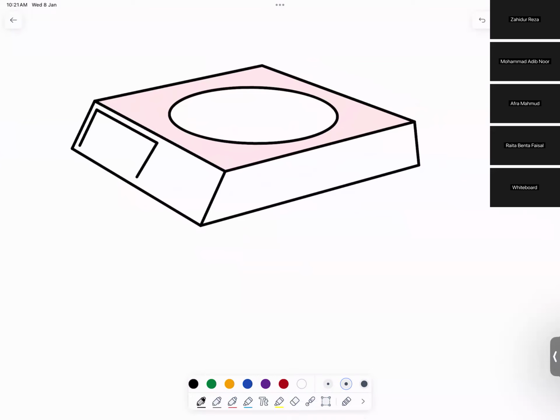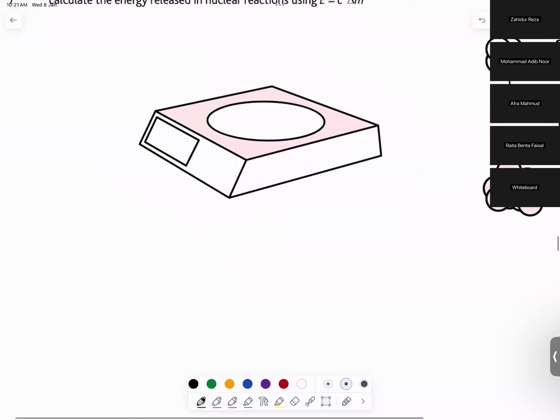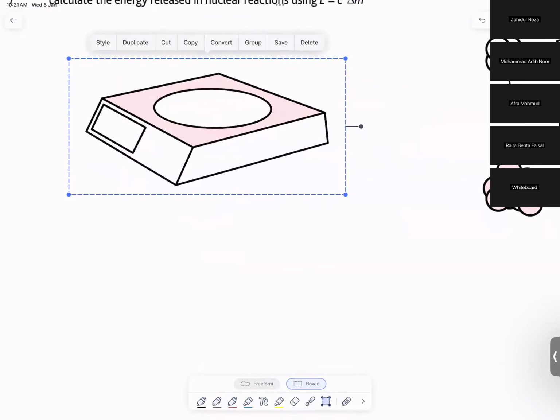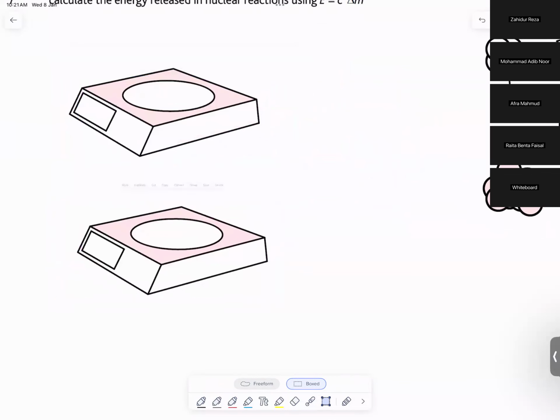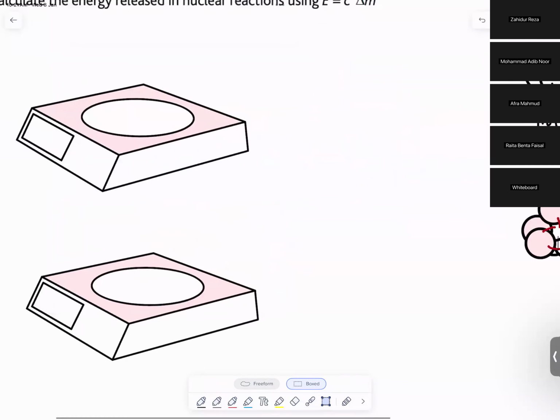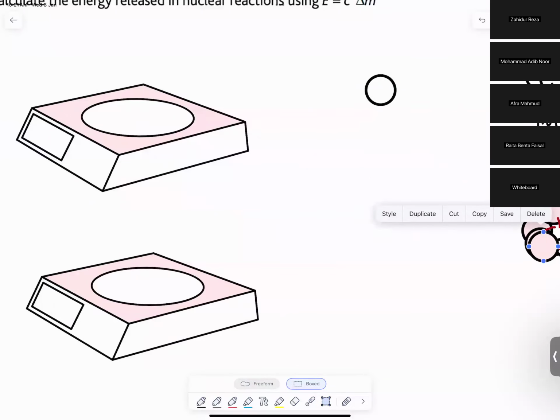Okay, so let's see what happened. So what they did was they took this balance, right, and they placed a helium nucleus on it. Okay, literally না, just think of it as an example. So একটা helium nucleus এর ভিতরে you have two protons and two neutrons.